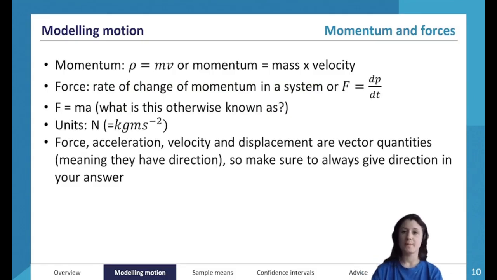So momentum is mass multiplied by velocity, all right? You can think about momentum as the force, or the ability to exert force, that an object has when it is moving. So think about a flying bird that flies into your window as you're sitting at your desk.